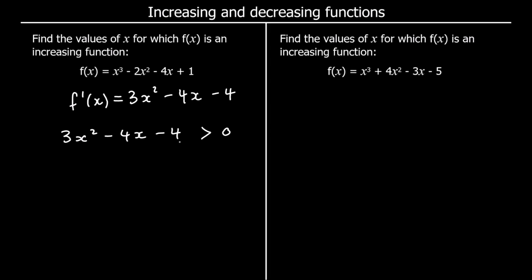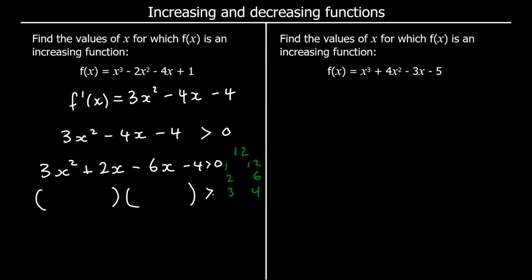We do a times c to factorize, which is negative 12. What multiplies to make a negative 12 and adds to give a negative 4. That's 2 and 6. It's plus 2 minus 6. And then we're going to factorize.